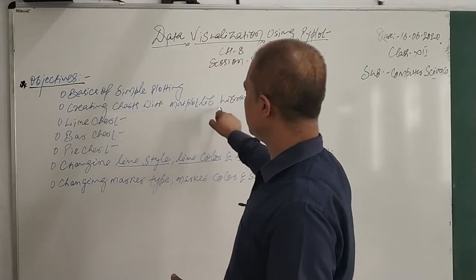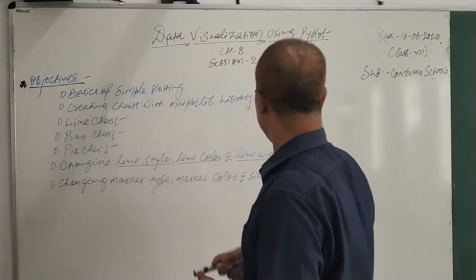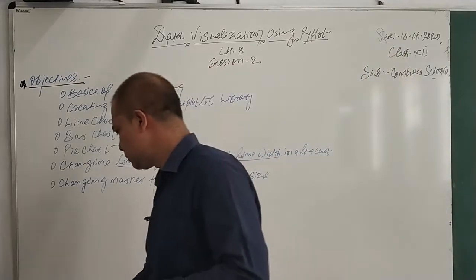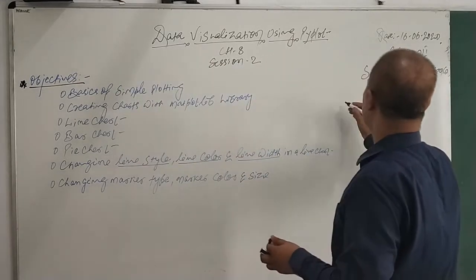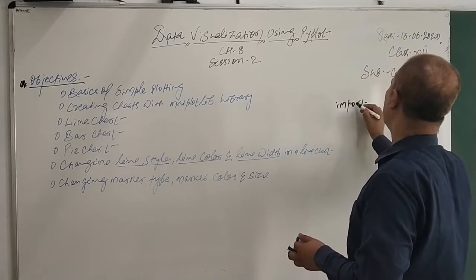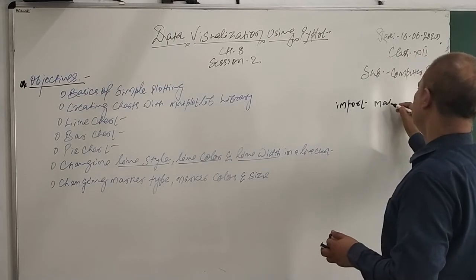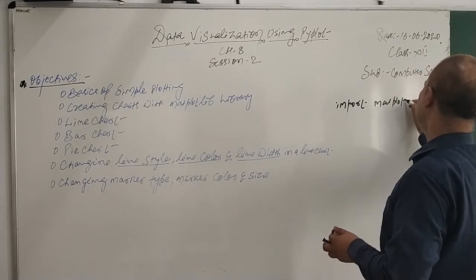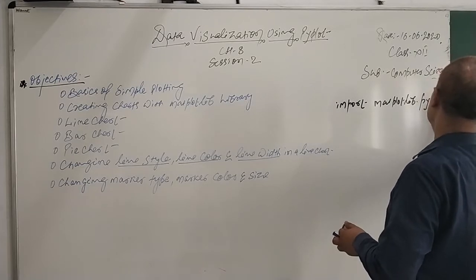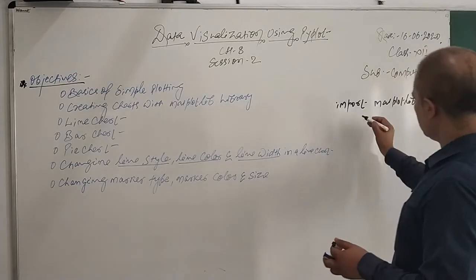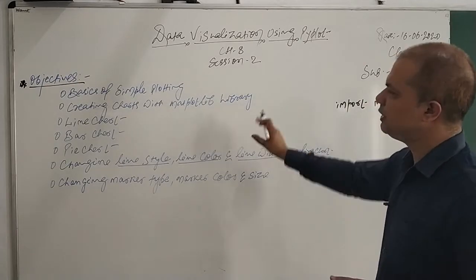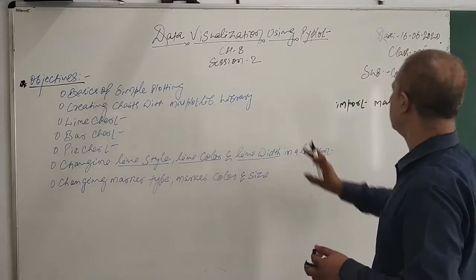Creating charts with the Matplotlib library means that to create any kind of chart you first have to import matplotlib.pyplot. Keep that in mind: you have to import this in every program that is meant to draw any kind of chart in Python.